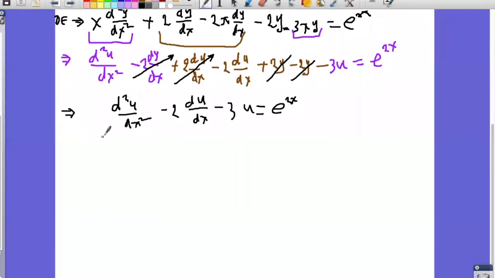So from here, we can write our auxiliary equation. Our auxiliary equation is m squared minus 2m minus 3 equals 0. And then we look for m. Can we factorize this? Negative 3 is negative 3 times 1.